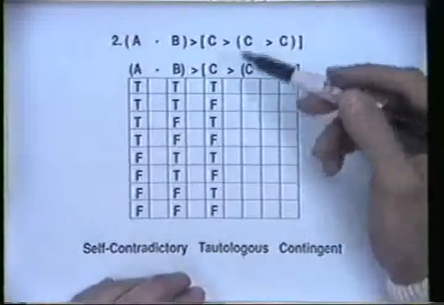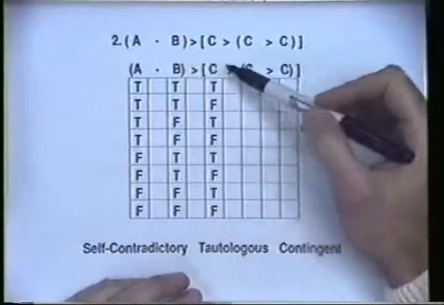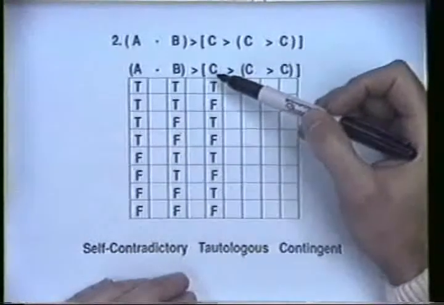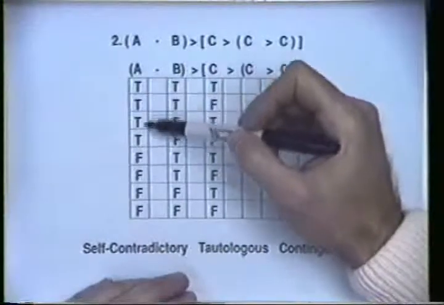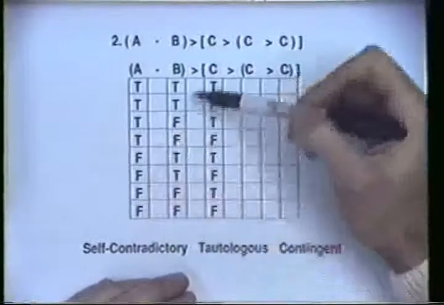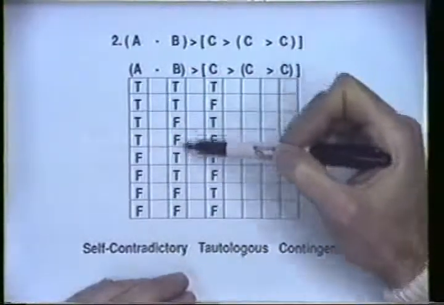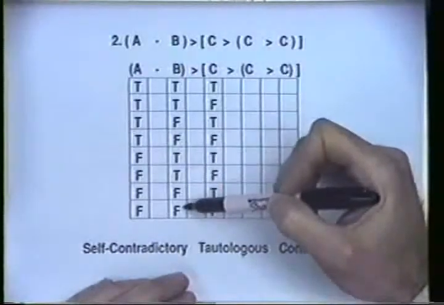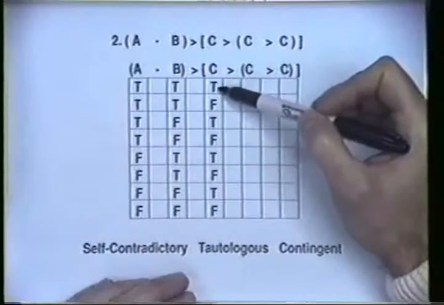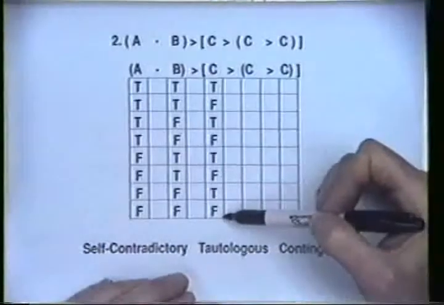Once again, recall, we begin by arranging the columns under the different atomic elements that are involved by, in effect, breaking those columns in half, assigning true to the top half under A, false to the bottom half, then breaking those halves into, you get 2 trues under B, followed by 2 falses, 2 trues, 2 falses. Then we take those halves and halve them once more, and under C we get the repetition true, false, true, false, true, false, true, false.